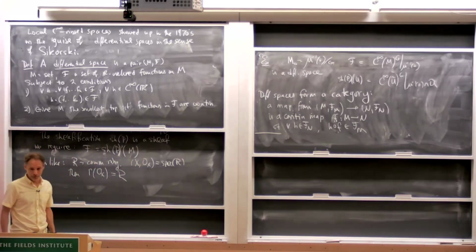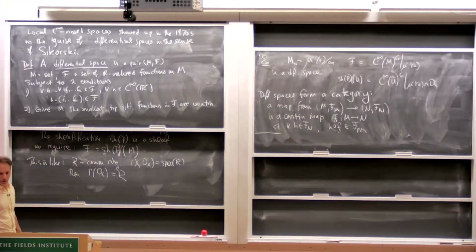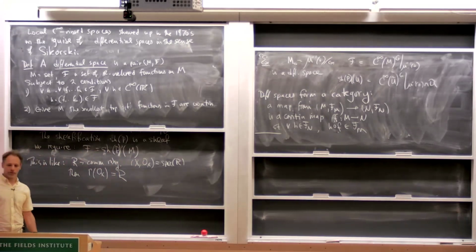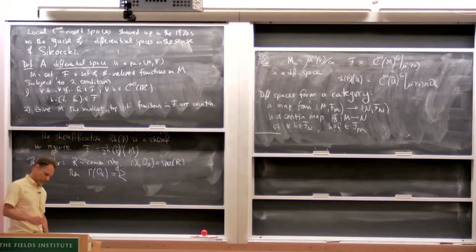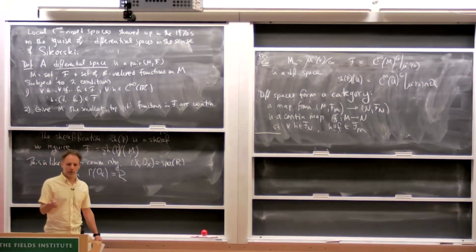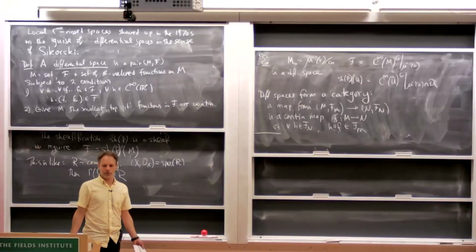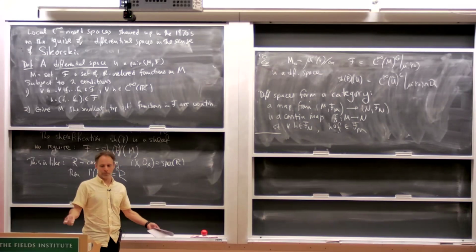So are these examples of local C-infinity ring spaces? Yeah, any differential space is an example of a local C-infinity ring space. Local C-infinity ring spaces is something more general? Yes. So going back to the discussion about algebraic reduction, you do algebraic reduction, you actually get a C-infinity ring, take Spec, you get a sheaf of things on the underlying set of R points.